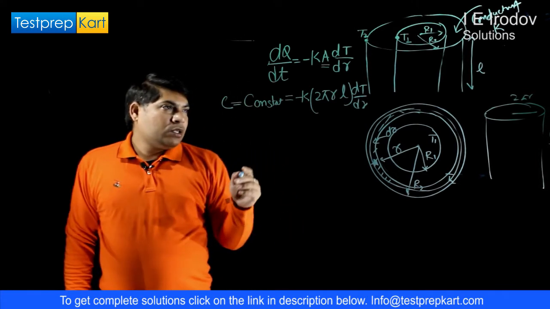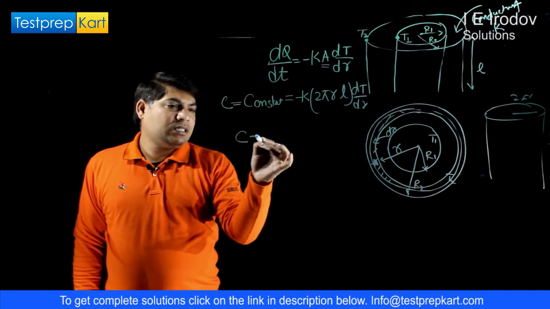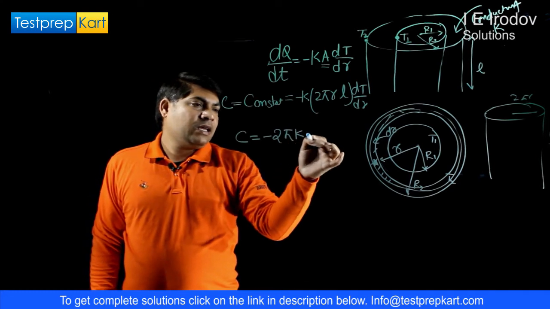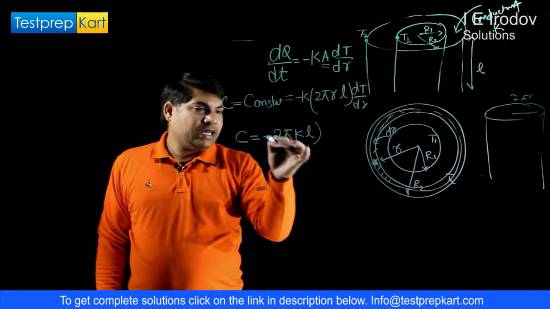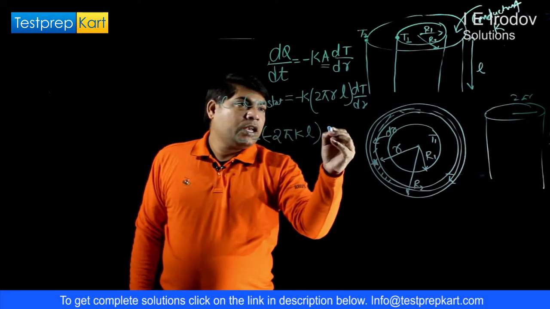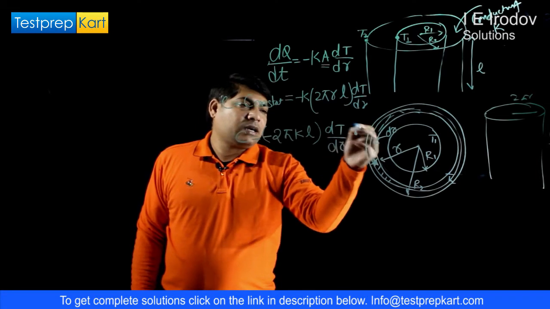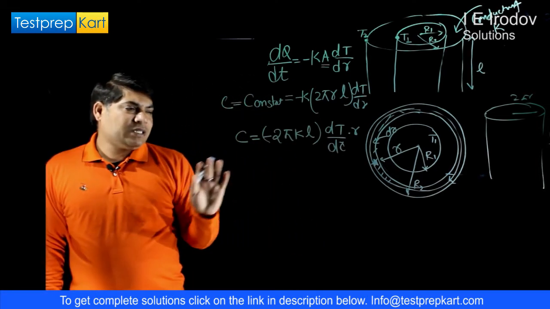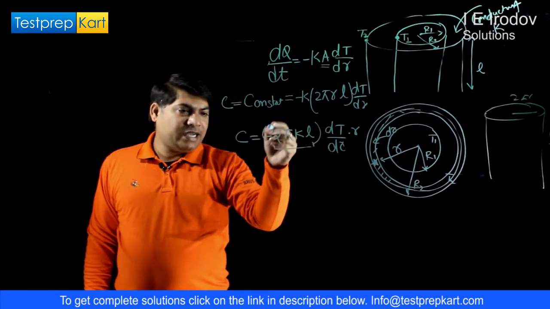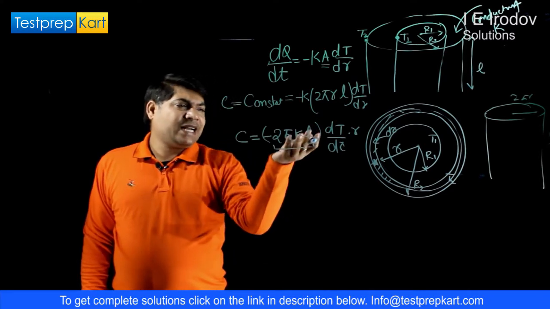So from here we can write that the constant C is equal to minus 2 pi K L, nothing is changing out of these parameters, into r dT over dr. It's up to you whether we take this entire value as a constant for simplification, or we can continue with it.